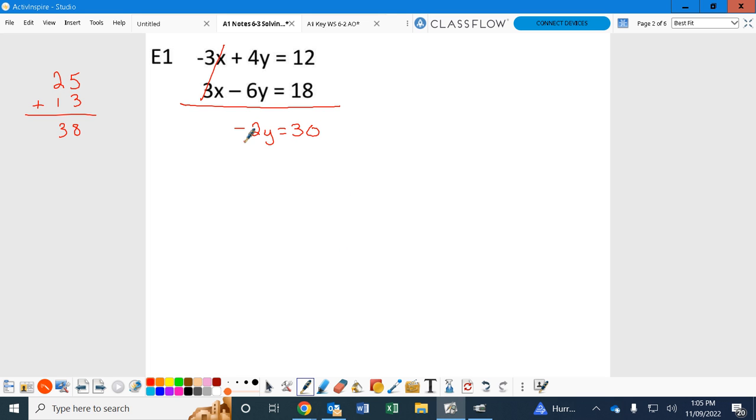We're going to divide both sides by negative 2, and y is going to equal negative 15. That is the y from your ordered pair, so it goes in the second spot in your ordered pair.